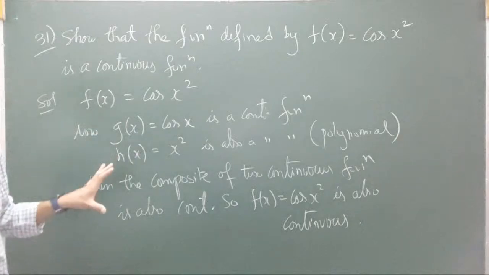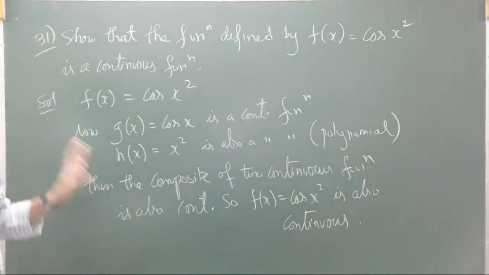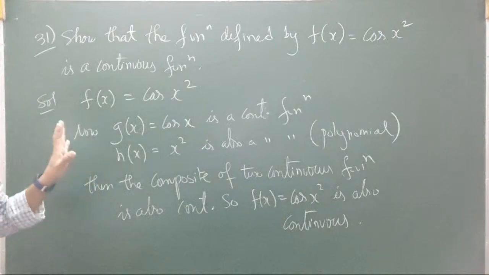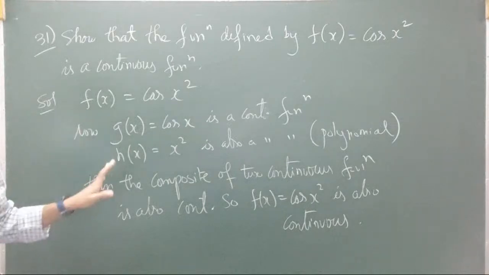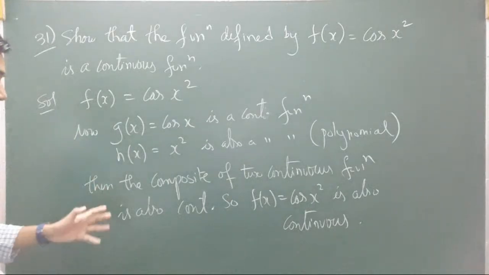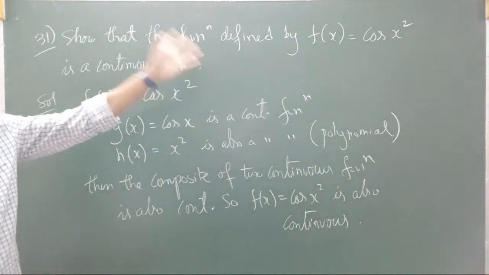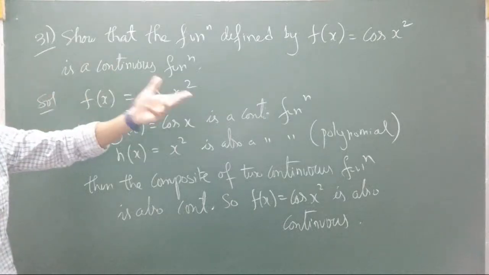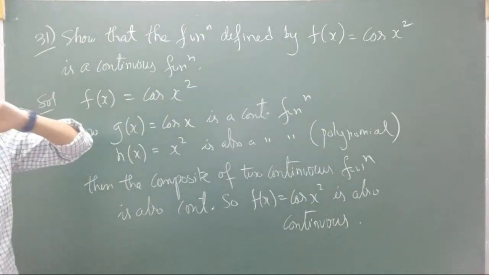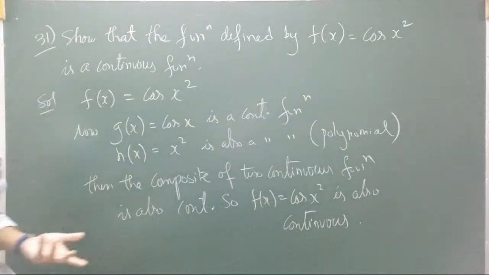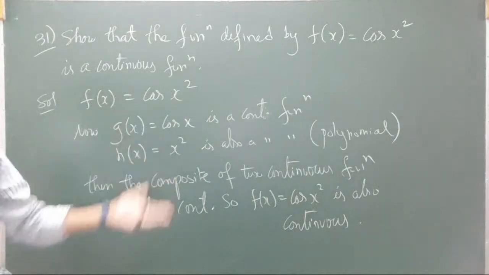So you can see that it's a very small proof, provided you know your concepts. Here you don't have any intervals or limits, so otherwise you would have to take an arbitrary point a, which is not going to be that easy and will become very big.